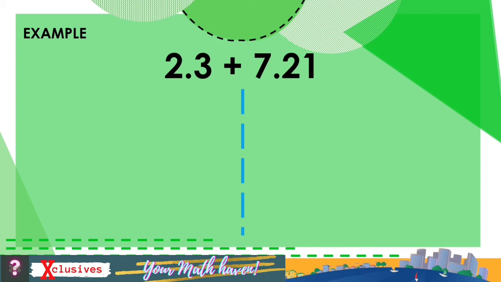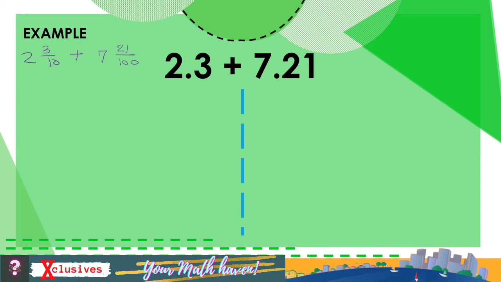So that's 2.3 becomes 2 and 3 over 10, while 7.21 becomes 7 and 21 over 100. Notice that we have different denominators, so we still have to look for the LCD.